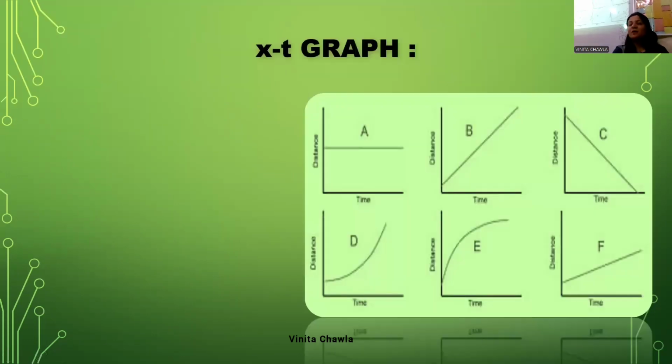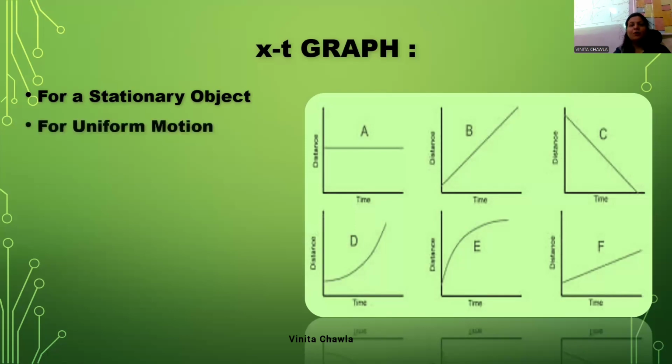Now look at these x-t graphs. If the object is stationary, at rest, then its position will not change with time. Which graph shows that the object is not moving? A. For uniform motion, we have two different graphs, B and C. Both are straight lines. What is the difference?